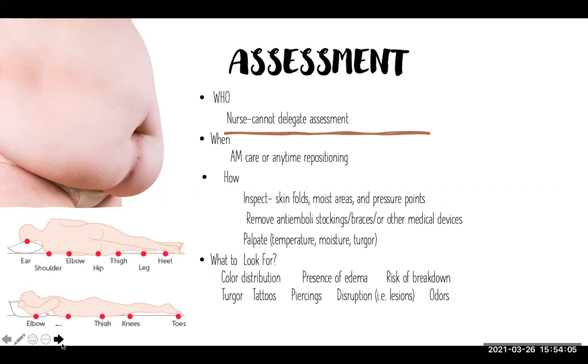What we call pressure points are areas where the skin is most vulnerable to pressure, shearing, and friction injuries. So behind the head, the occipital area, on the side the ears, the temporal area, the forehead, the tip of the nose, shoulders and shoulder blades, the elbows, the sacral area and the hips, the knees, ankles, and heels.